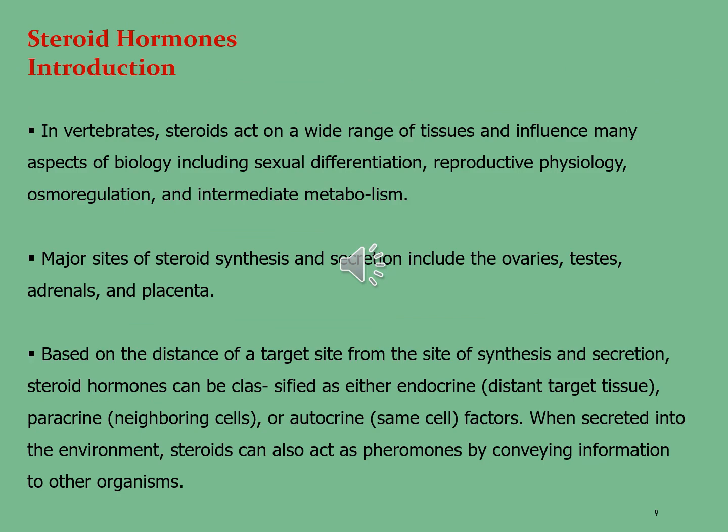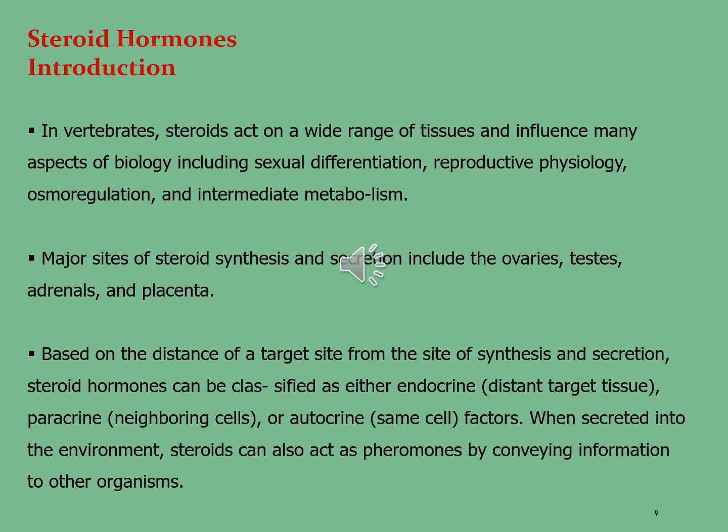In vertebrates, steroids act on a wide range of tissues and influence many aspects of biology, including sexual differentiation, reproductive physiology, osmoregulation, and intermediate metabolism. Major sites of steroid synthesis and secretion include the ovaries, testes, adrenal, and placenta.